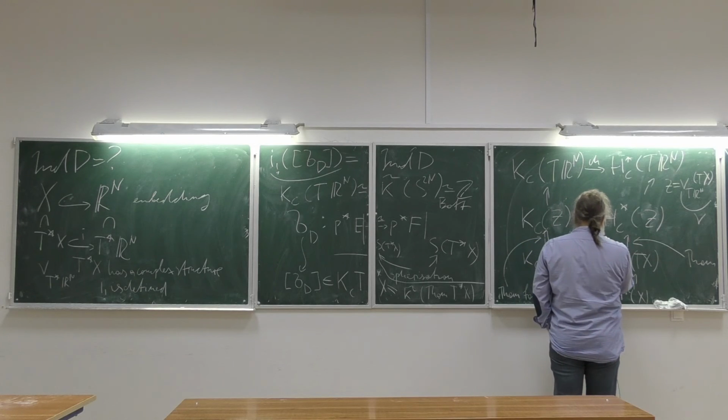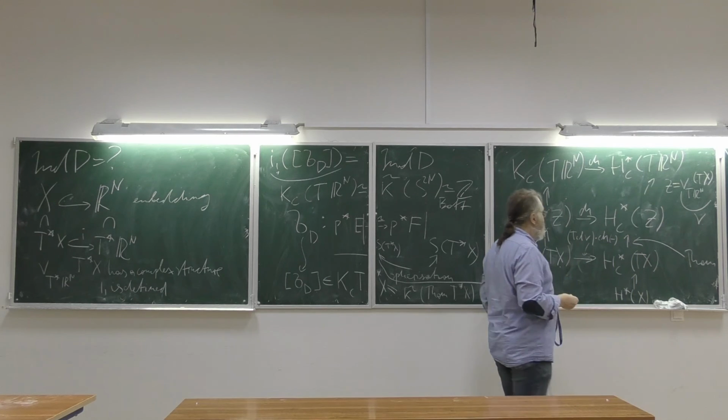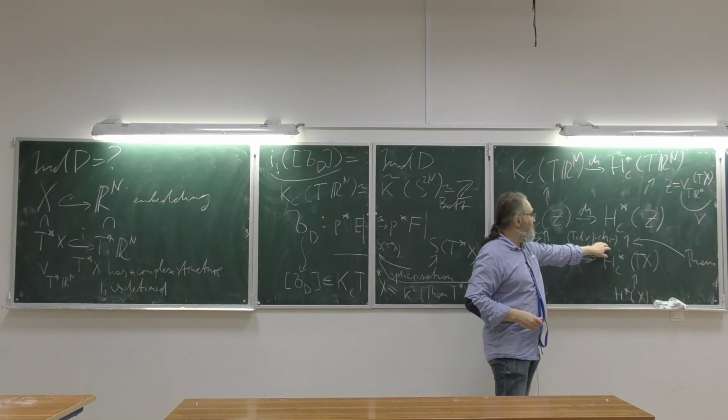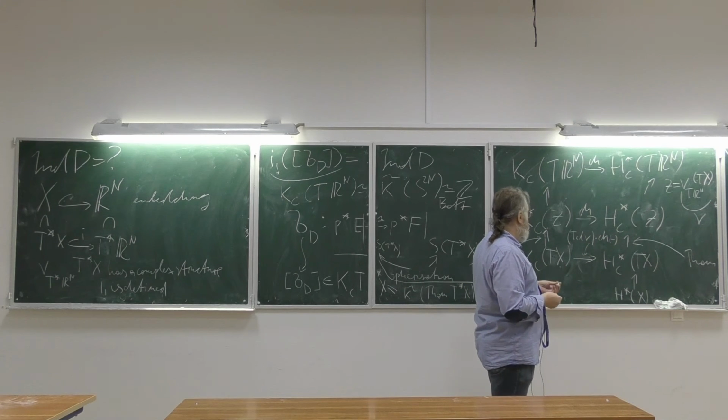Okay, so here we need to twist the Chern character by the Todd class. The Todd class of what?